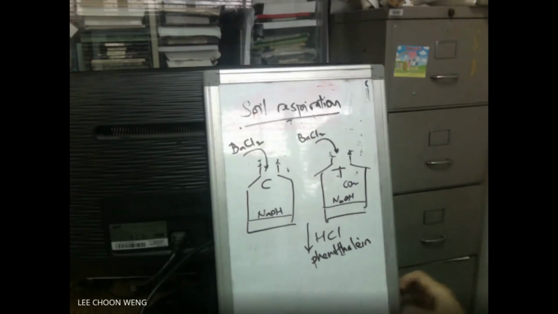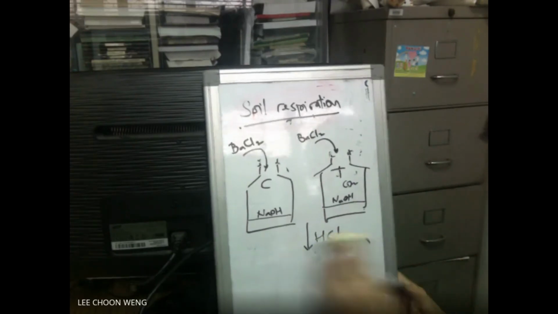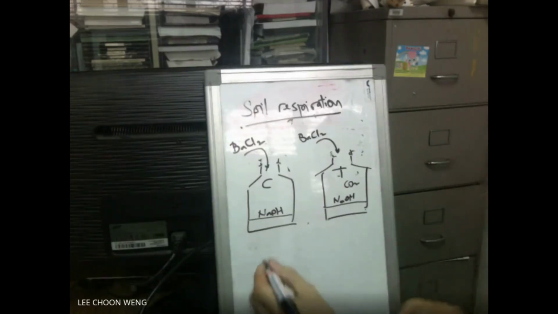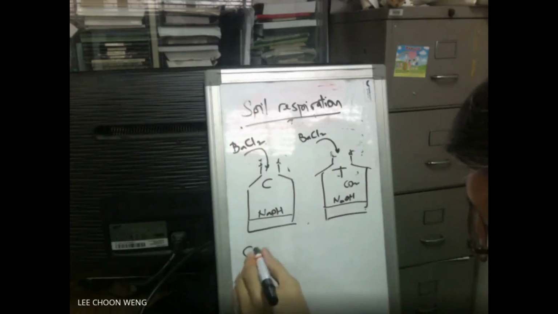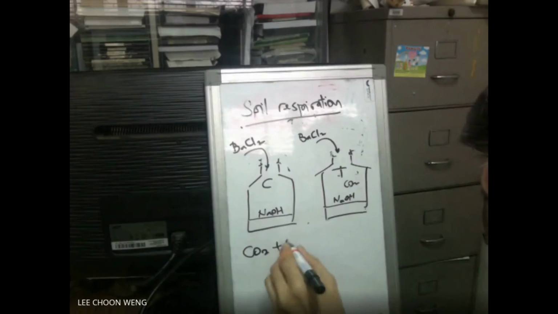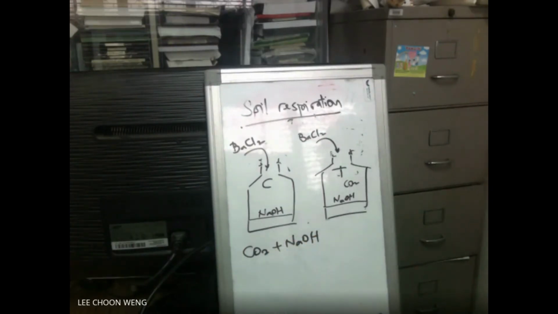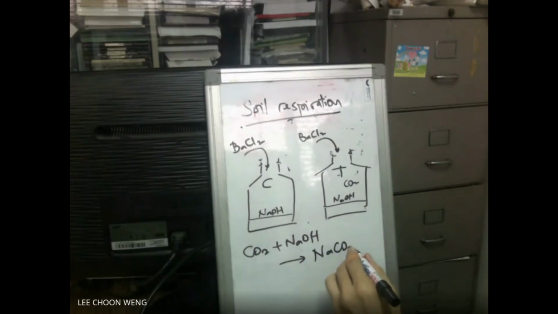So how is the reaction going to be like? Let's see whether we can balance the reaction. When you have CO2, you will react with your sodium hydroxide to give you sodium carbonate.